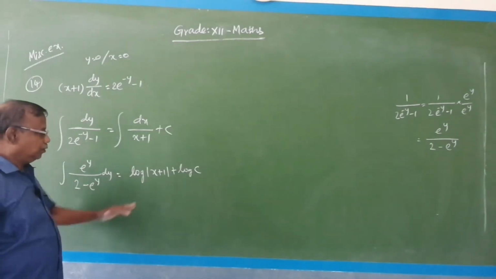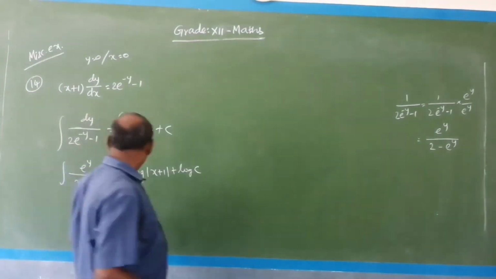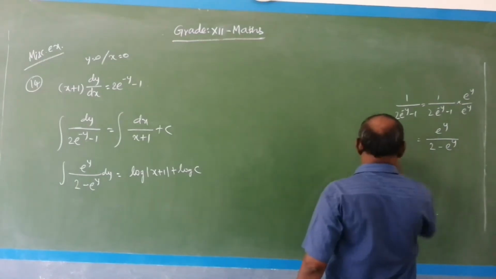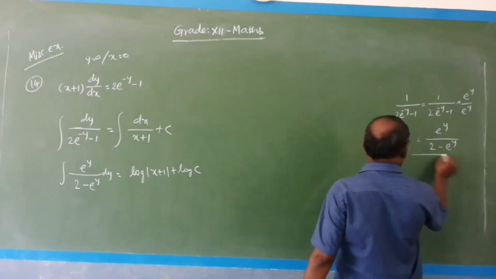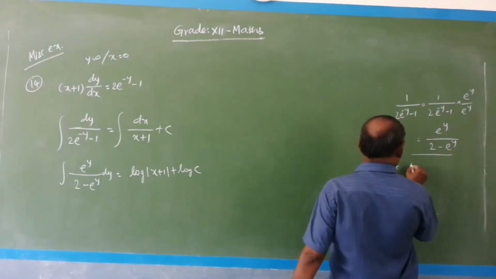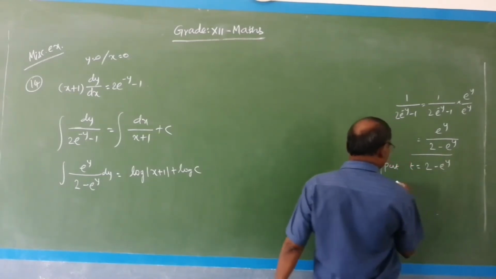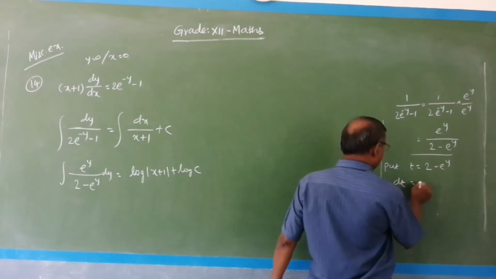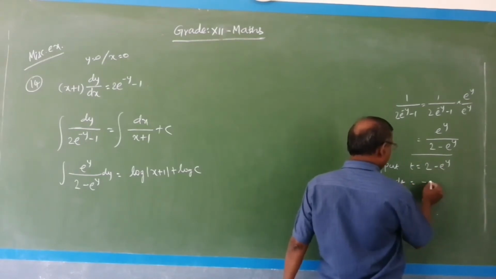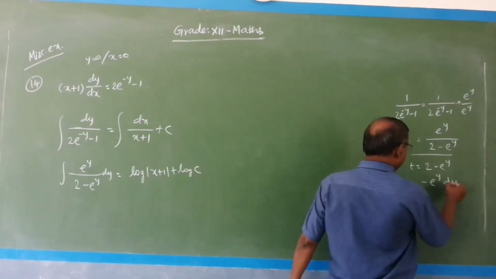So, put log c for a better result. Put t equal to 2 minus e power y. So, dt equal to 0 minus e power y into dy.